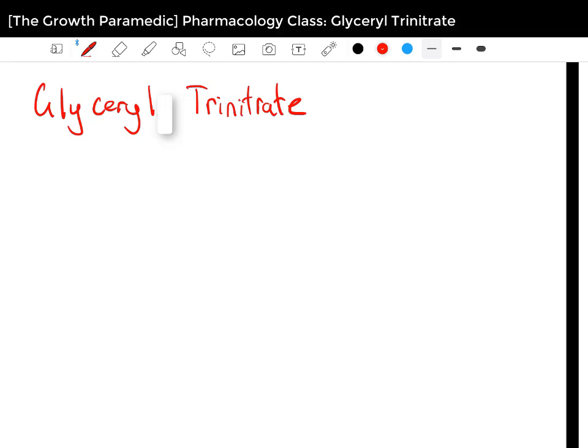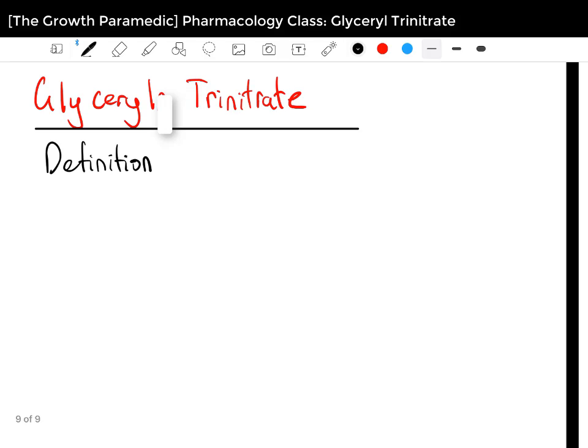Now that we got that out of the way, we're going to go back to the same format that we've done in the previous pharmacology classes. We're going to be covering glyceryl trinitrate in three areas, which is the definition of GNT, so what is GNT and what is it used for in the pre-hospital setting, and then the pharmacodynamics.